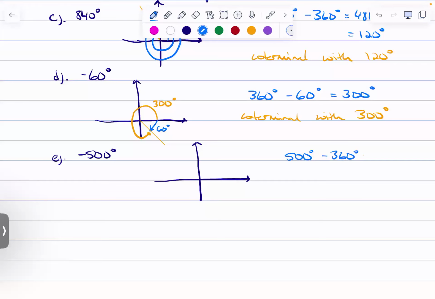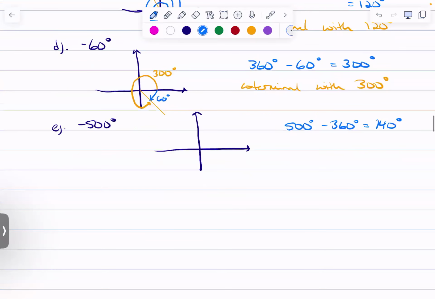So 500 minus 360 is 140 degrees, which means moving in kind of the opposite way that I want. Moving this way now. That's 360, and then I want to move another 140 degrees. So that's going to be more than 90, but less than 180. Right? So somewhere in here.